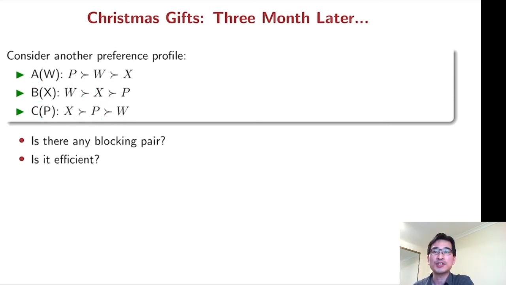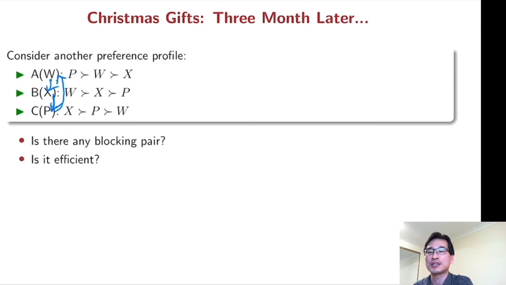So is this efficient? Although there is no blocking pair, there might be some room for improvement. For instance, Alice takes P from C, and Chris takes X from Bob, and Bob takes W from Alice.